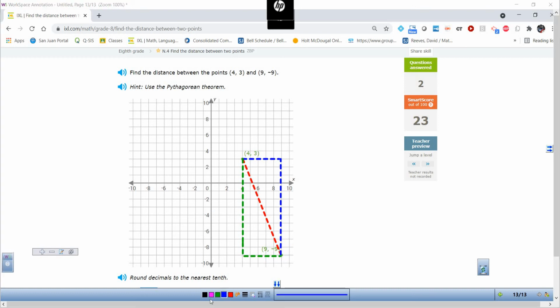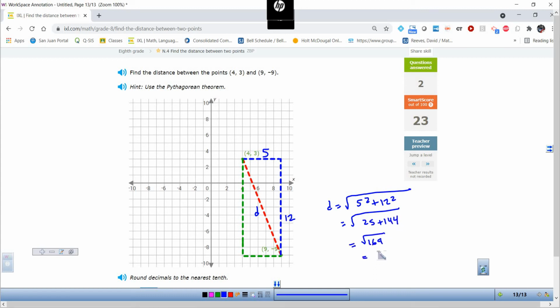I can find those distances simply by counting 1, 2, 3, 4, 5 on that one. 1, 2, 3, 4, 5, 6, 7, 8, 9, 10, 11, 12. So my distance here is going to be the square root of 5 squared plus 12 squared. That's 25 plus 144. That's 169, and the square root of 169 is 13.